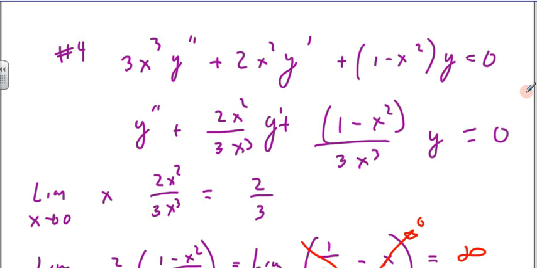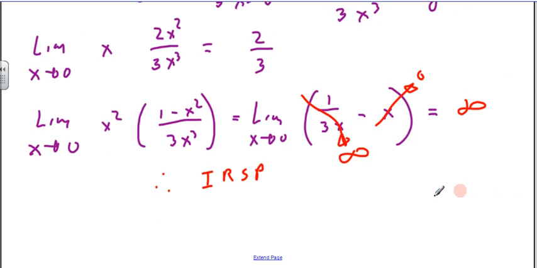Now we're going to look at problem number 8. If I was at a regular singular point, I also have to come up with what the r's are, but I don't have to do that because I'm at an irregular singular point.